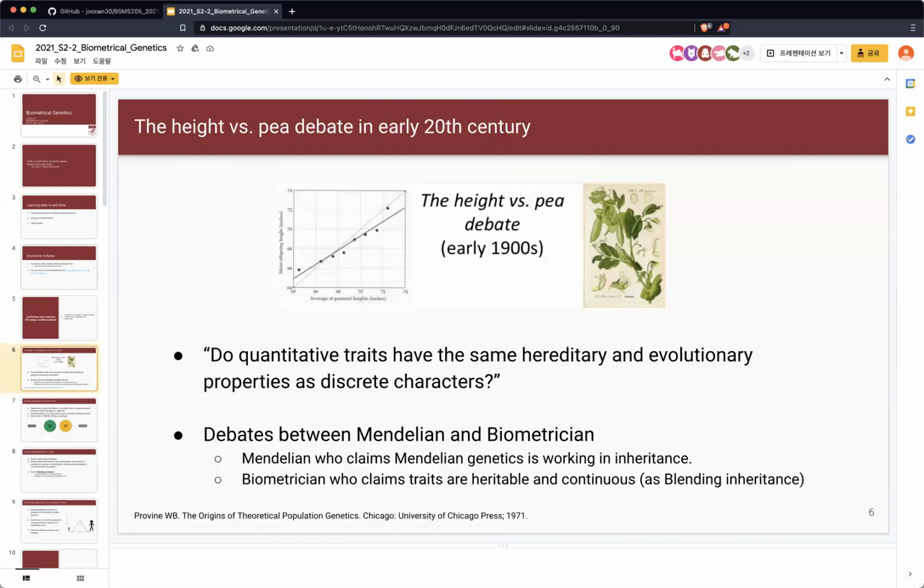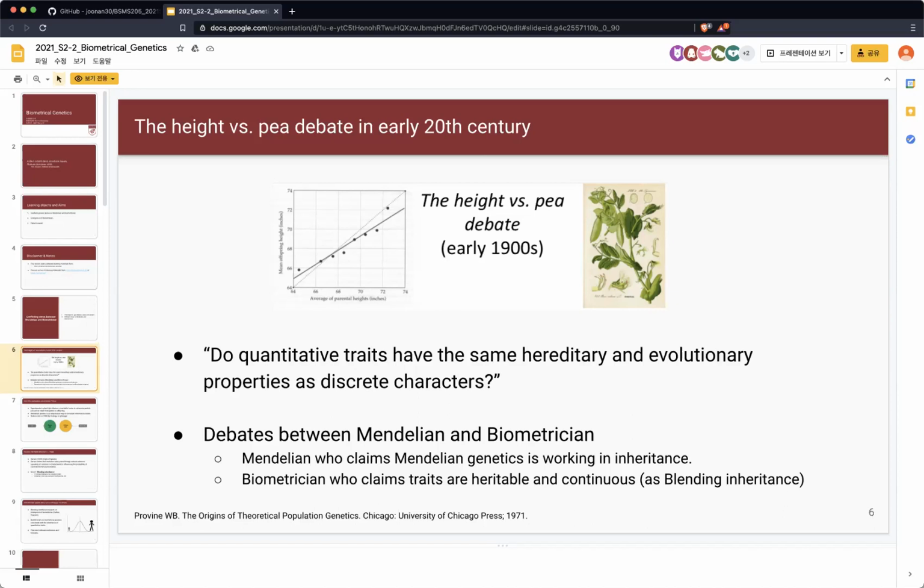So the first topic is the conflicting views between the Mendelian and the biometrician. As I brought up last time, we had a question about height, right? If you think about height, how can we explain that trait using the Mendelian perspective? We know that height is somewhat heritable because tall parents get a tall child, right?